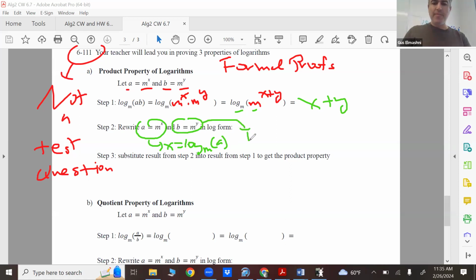My apologies. I should know this because m to the y is b, and m to the x is a. That's terrible handwriting too. I can do better. Well, guess what? x plus y is log base m of a.